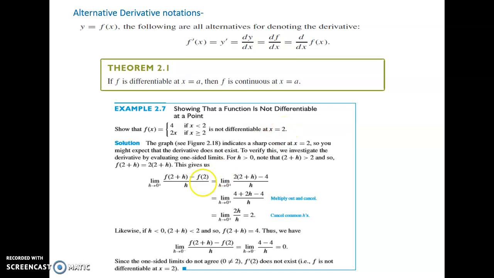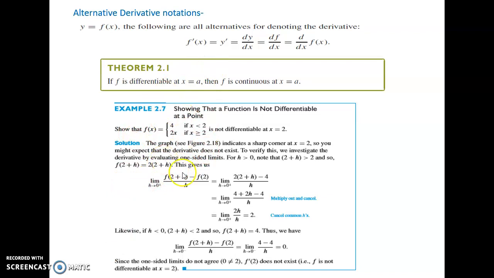So what I will do now: when two functions are given, to find the limit I need to find the right and the left limit. I find the right limit. At x equal to 2, that means a is 2 here. I substitute, then f of 2 plus h. Since h is greater than 0, I will be using the second function here.